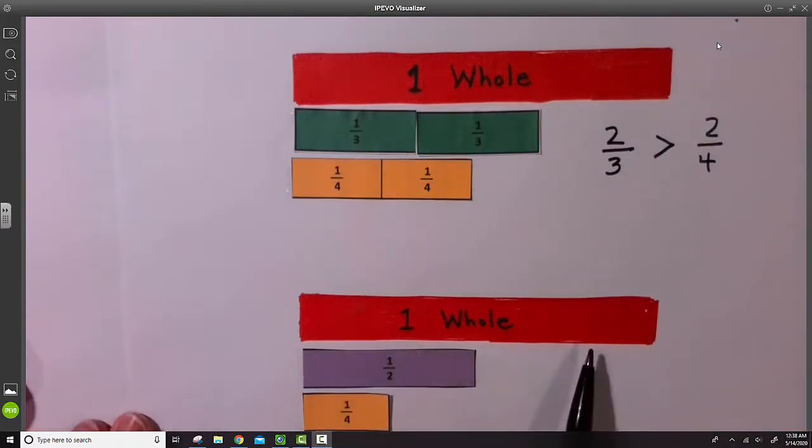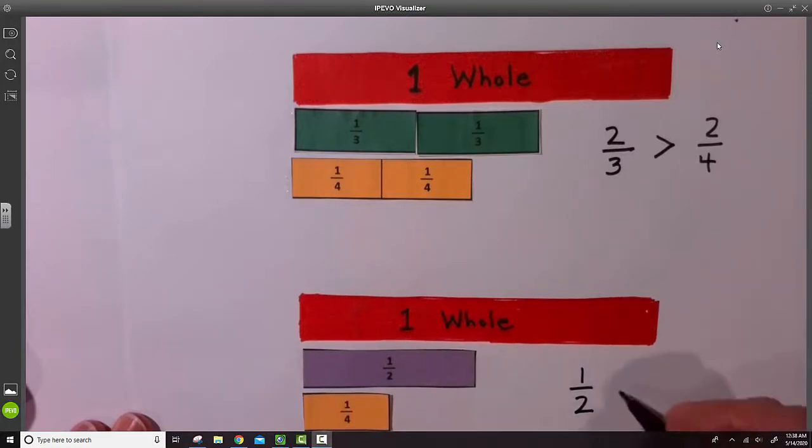Looking at another example, we see 1/2 and 1/4. The numerators are the same, 1, but for our denominators we have 2 and 4. So 1/2, we can see, is also greater than 1/4.